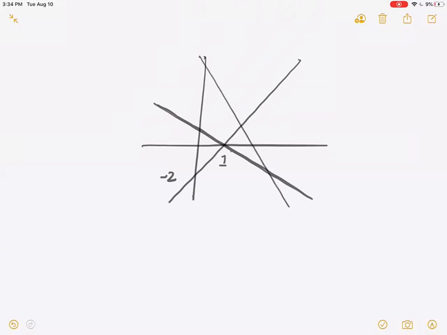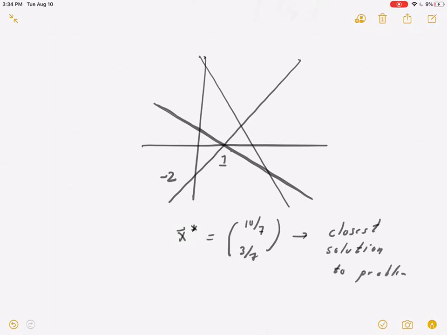So what I have discovered is, while these 3 lines do not intersect each other, so there's no exact solution to the problem, there is a point that's closest to the intersection of these 3 lines. And that roughly is about here. If you just look at that visually, that kind of makes sense.